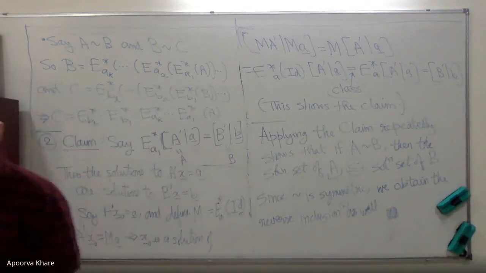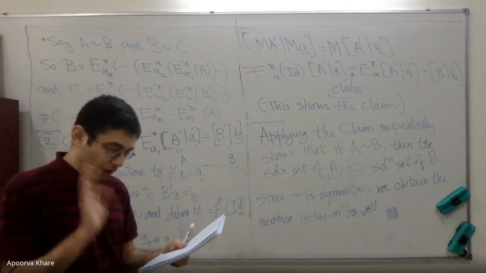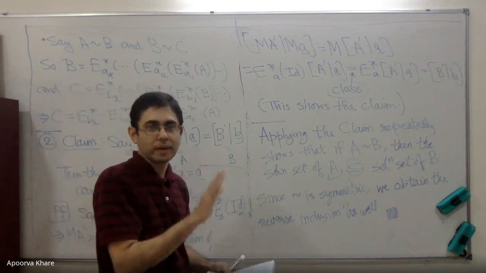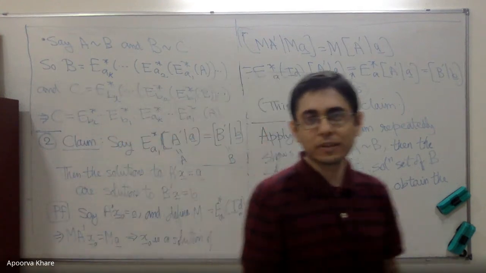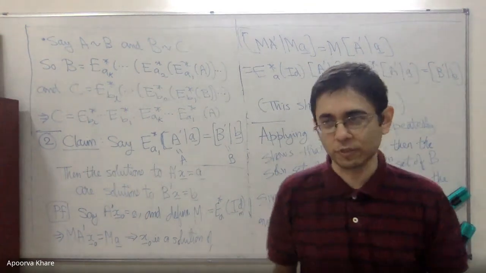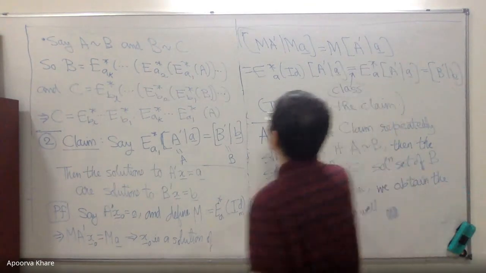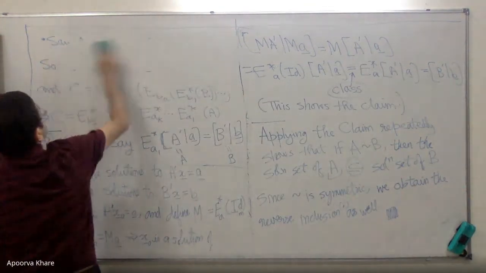Okay, so now what do I want to do next? Now that we have proved these two facts, let me remind you again of that same theorem about rho reduced echelon forms. So, theorem.